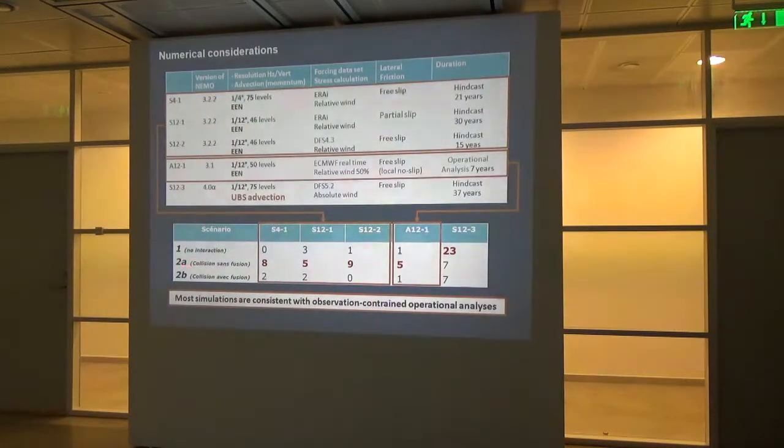They say collision without fusion is the most likely scenario. They all agree. So they are consistent, and what we can say is that the model free run is consistent with the model with data assimilation.